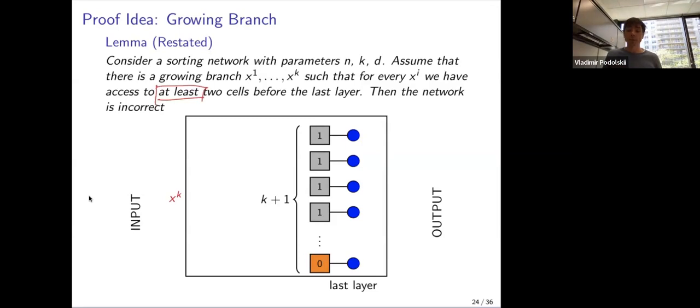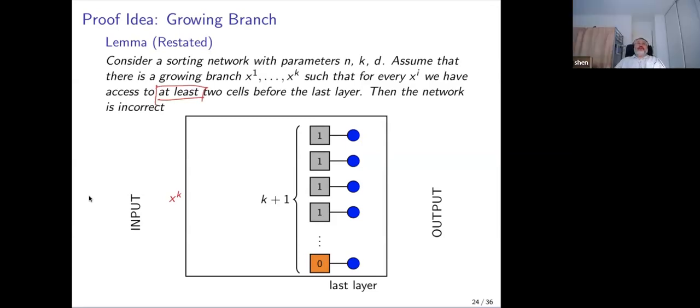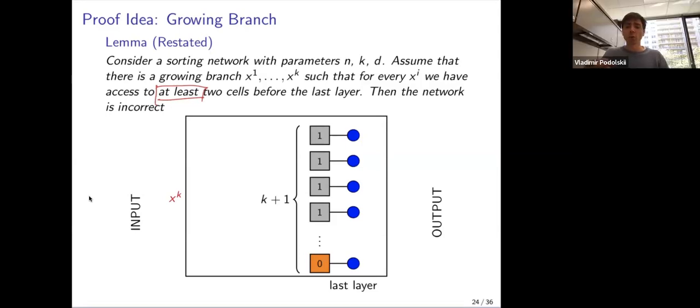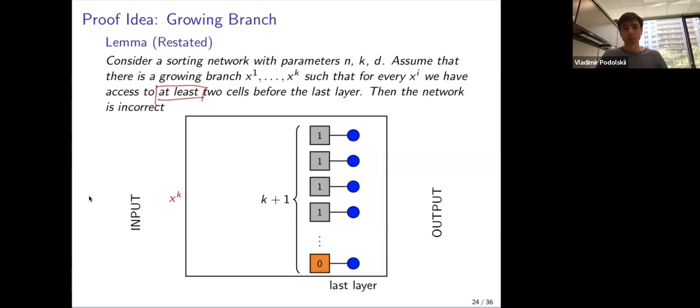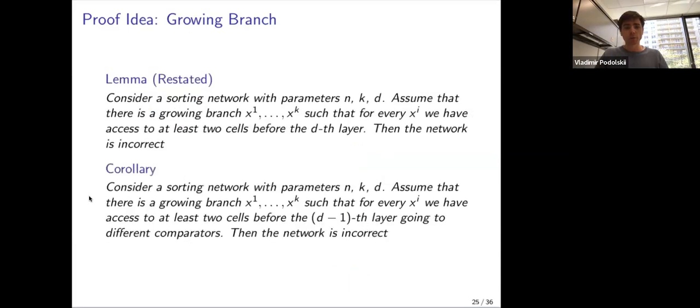One of them should be the one that is switched from 0 to 1, so one of the cells must switch from 0 to 1, and we must have access to it, right? I see. Okay. Hopefully this is clear, and then we can move on.